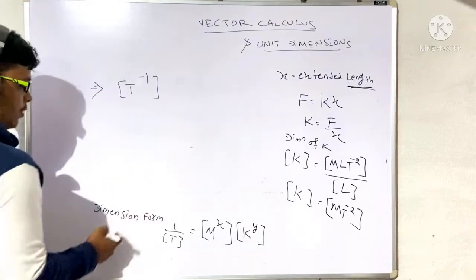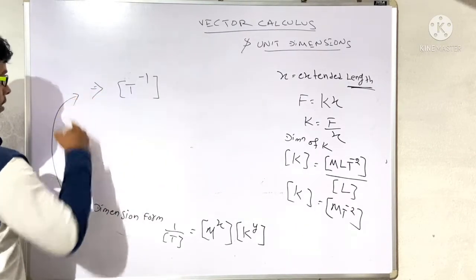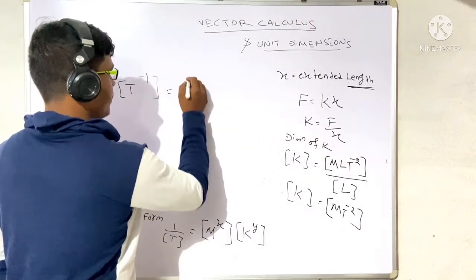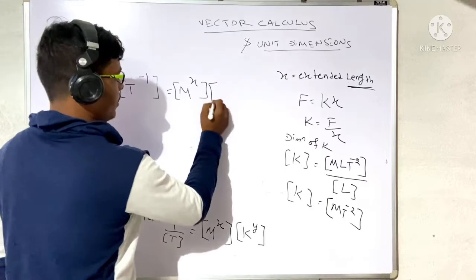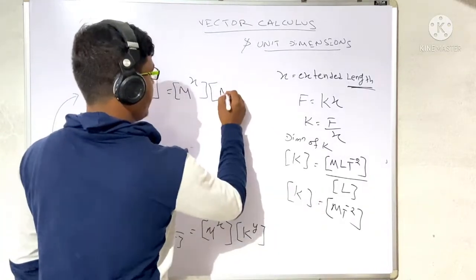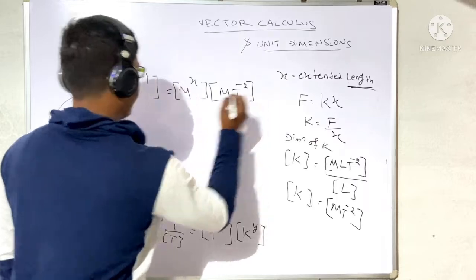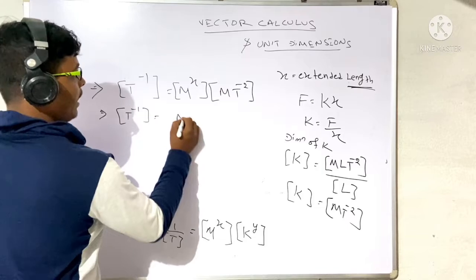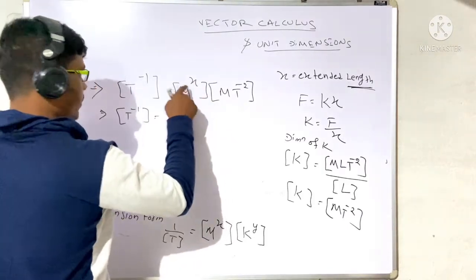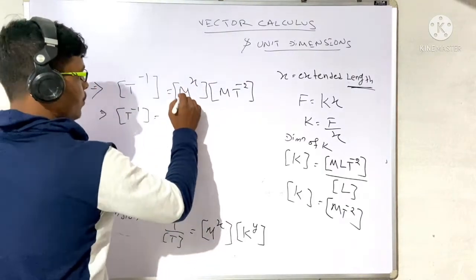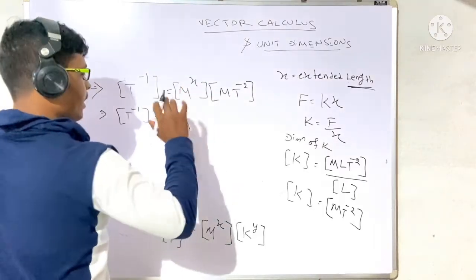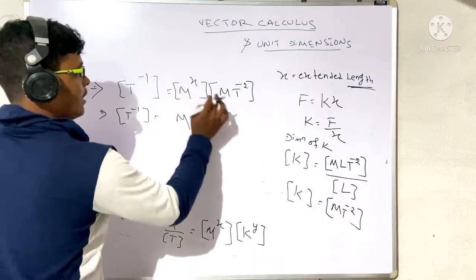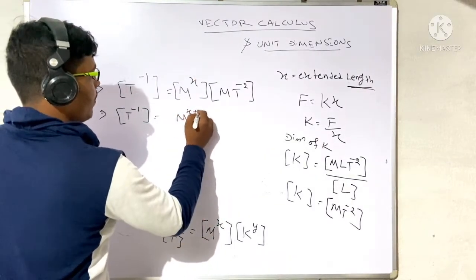So from this we are solving: T^-1 equals M^x multiplied by k, and k is MT^-2. Using the mathematical formula x^n into x^m equals x^(n+m), M^x into M^1 gives M^(x+1).